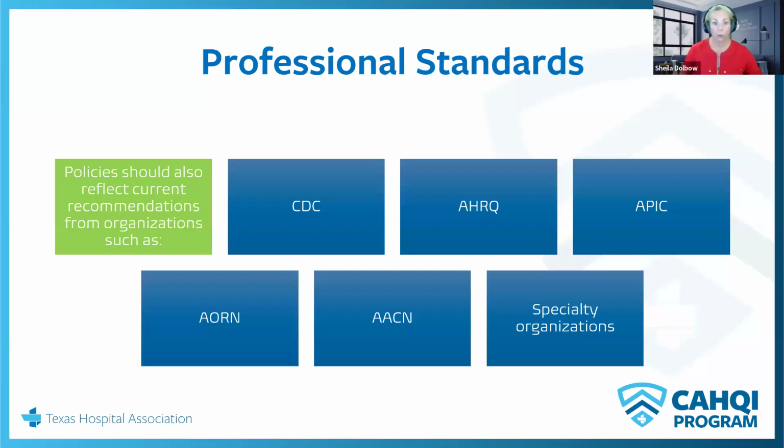So there's all sorts of broad professional organizations that help produce the standards of care, but then we even go down to specialties from there. So you may have the Texas Medical Association, but then you've also got specialty organizations for pediatrics, for gastroenterology, for ophthalmology. So you can get down to some specialty organizations there as well.